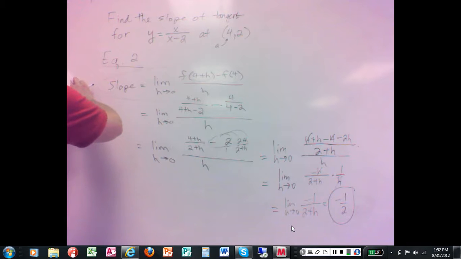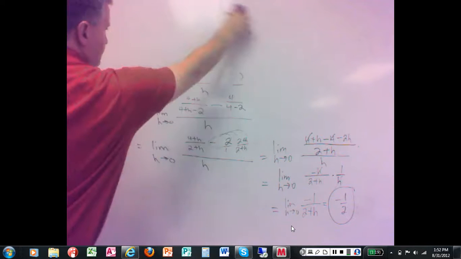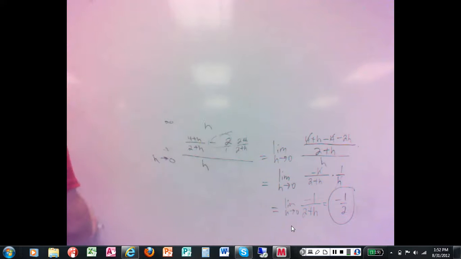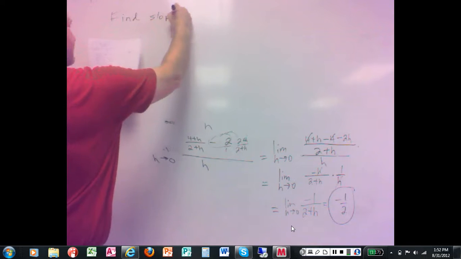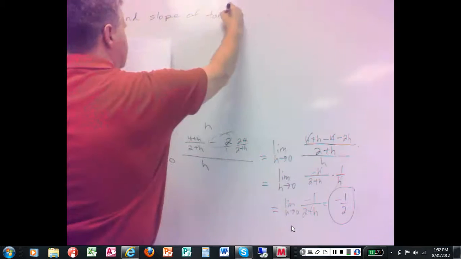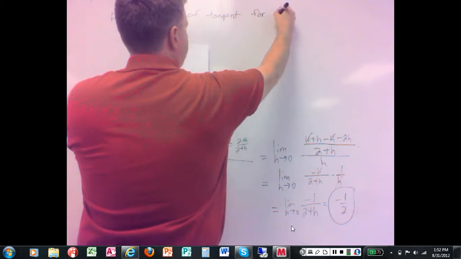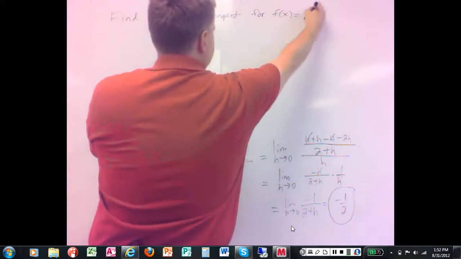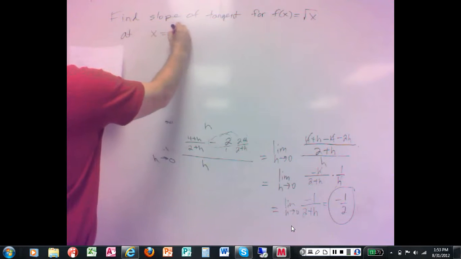thing we might encounter is this. Let's find the slope of the tangent for f of x equals the square root of x at x equals a.